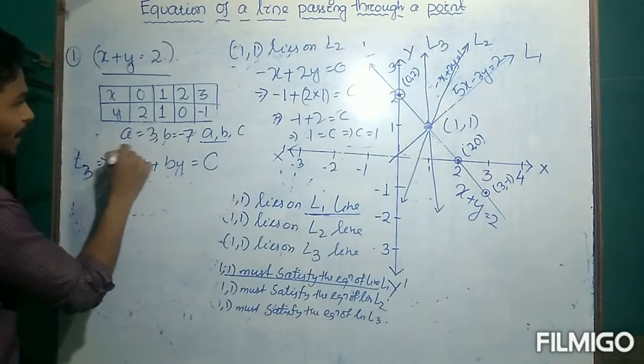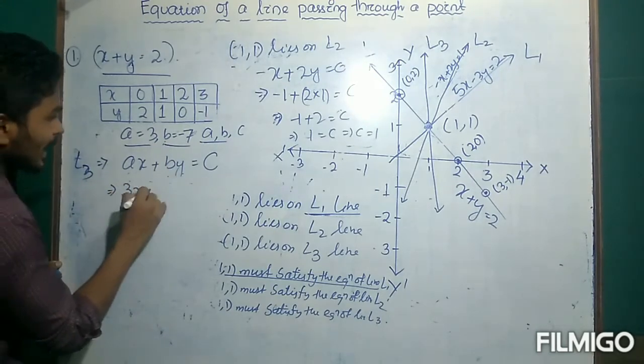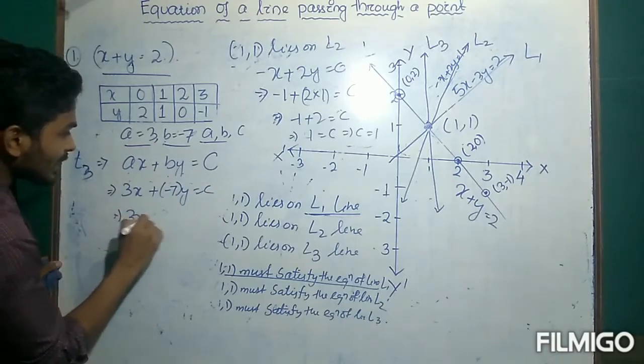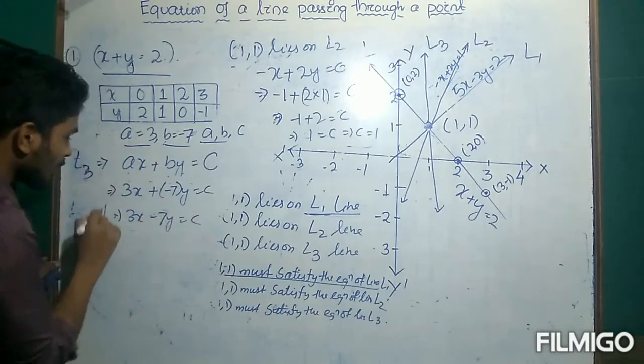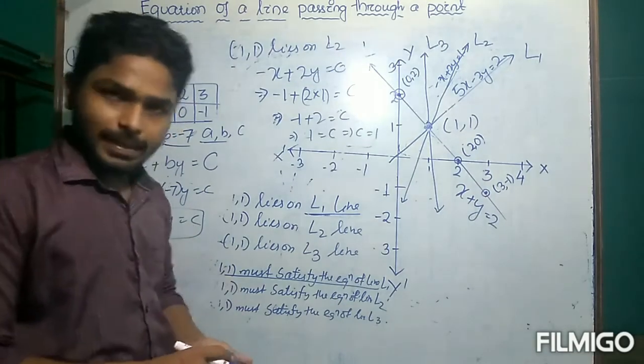So the equation will be, after putting a as 3 and b as minus 7, 3x plus minus 7 into y is equal to c, that is 3x minus 7y is equal to c. Now this is the equation for the line L3. We do not know the value for c.